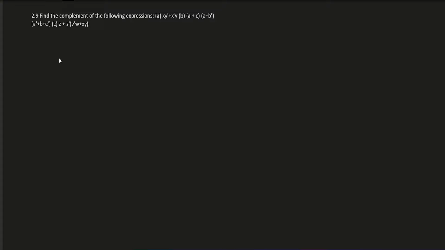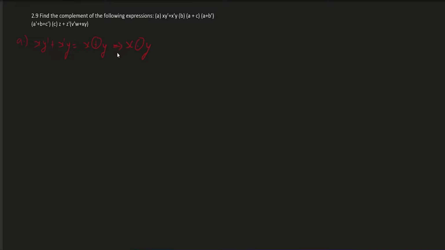Okay, again we should find the complement of the following expressions. Okay, a is x y bar plus x bar y. This is XOR gate and complement will be XOR.